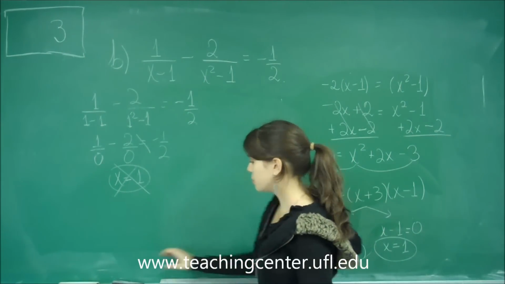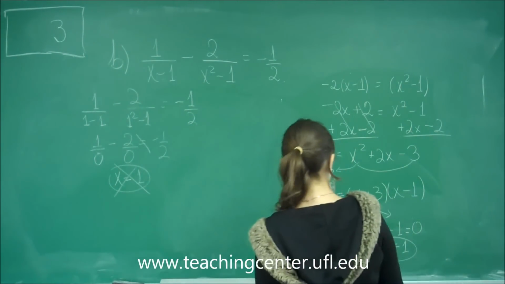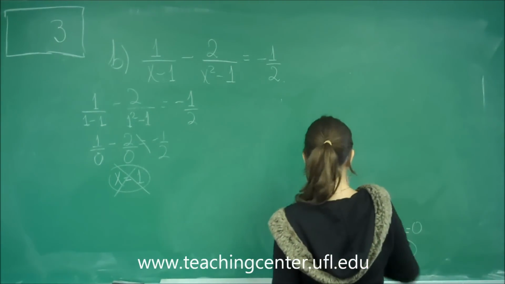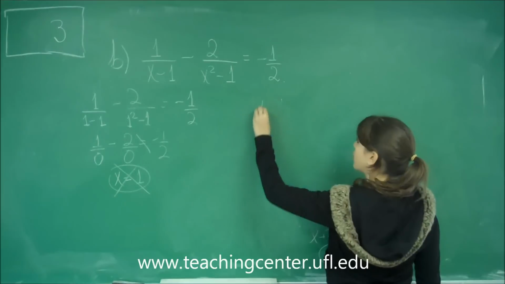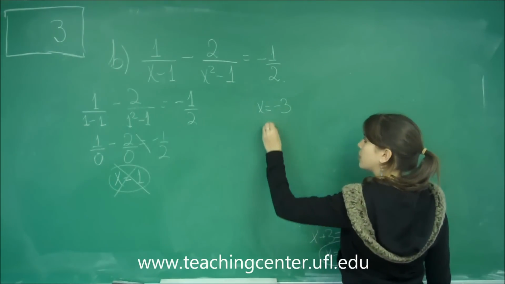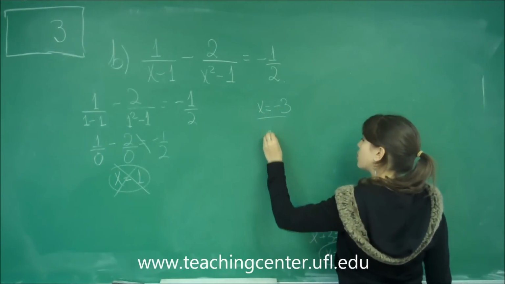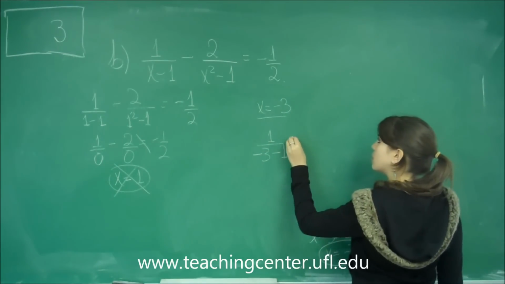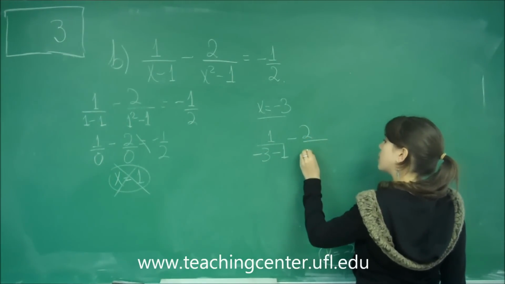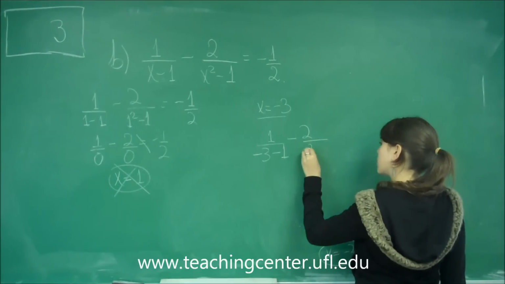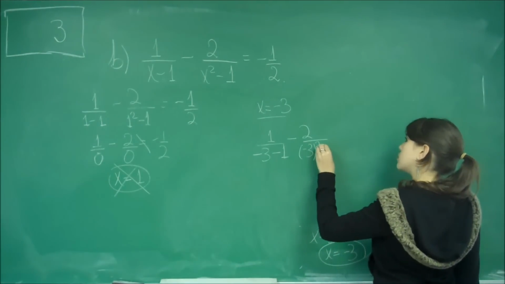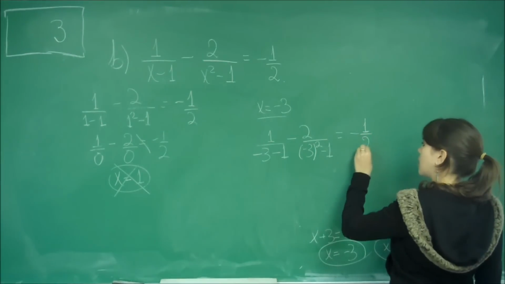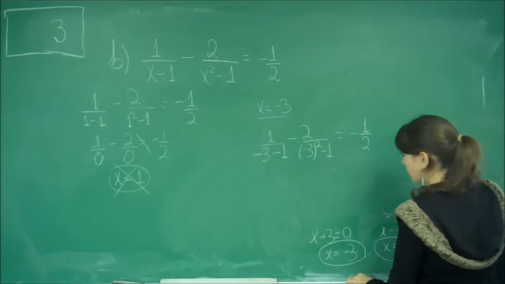Now let's try x equals negative 3. For x equals negative 3, we have 1 over negative 3 minus 1 minus 2 over negative 3 quantity squared minus 1 equals negative 1/2.